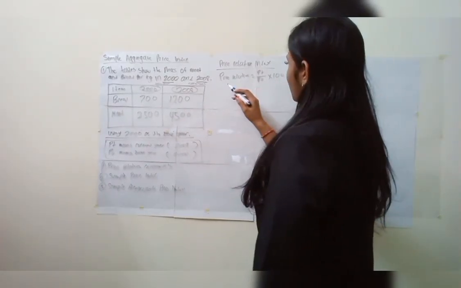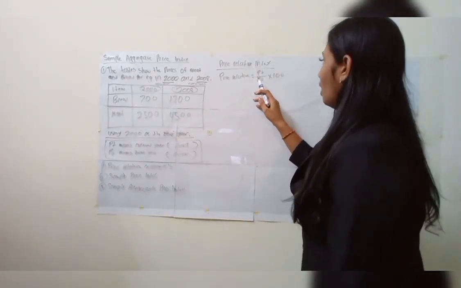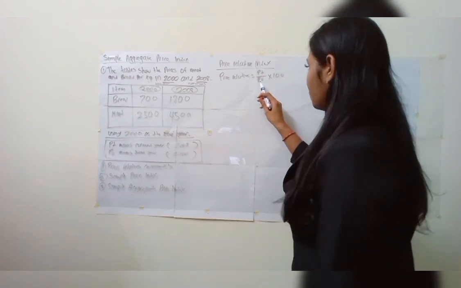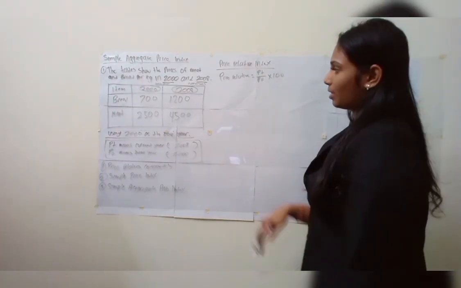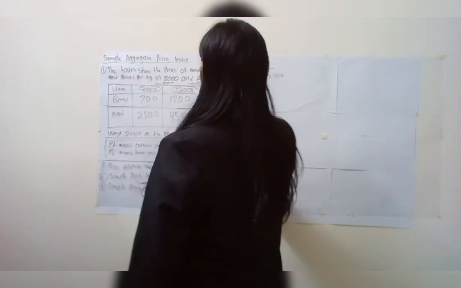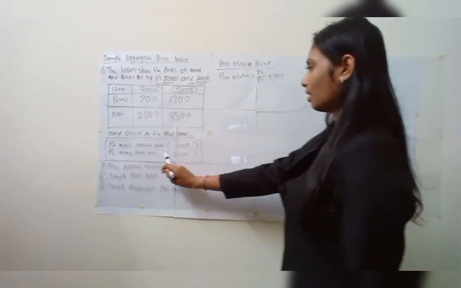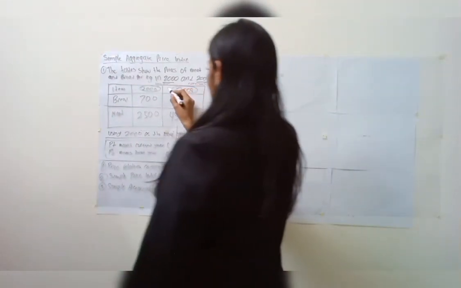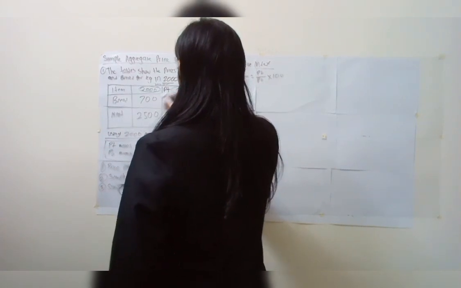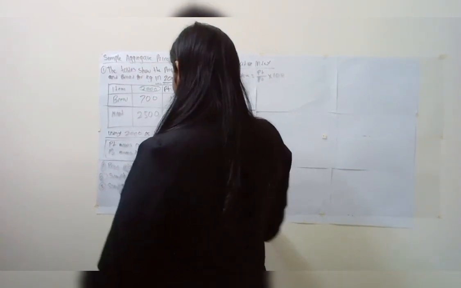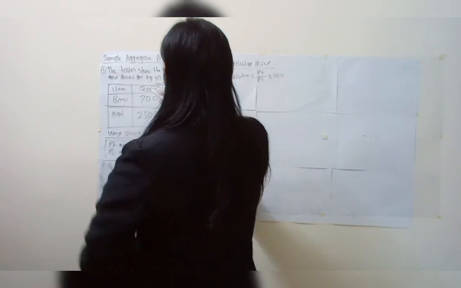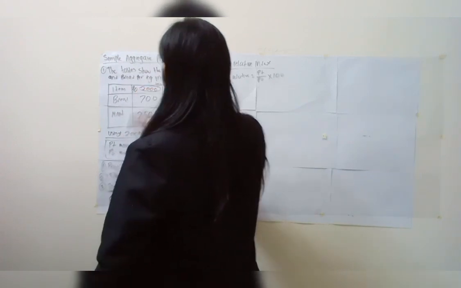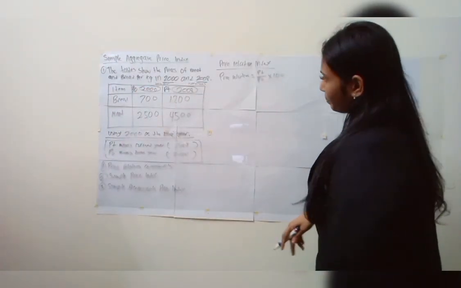Whereas PT is the current year and PO is the base year.